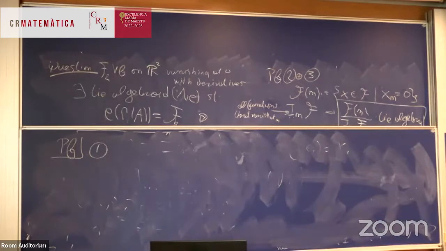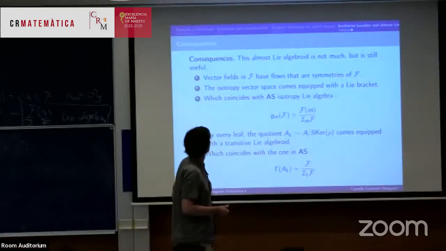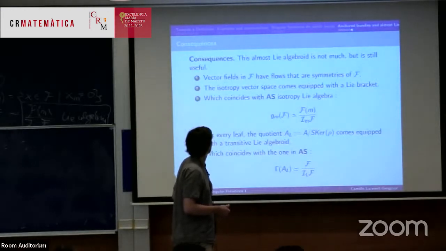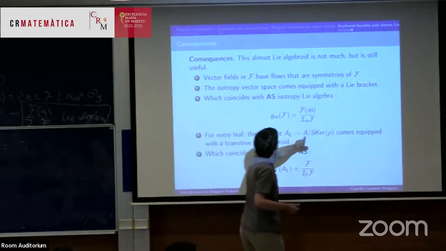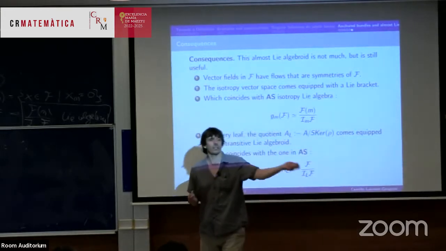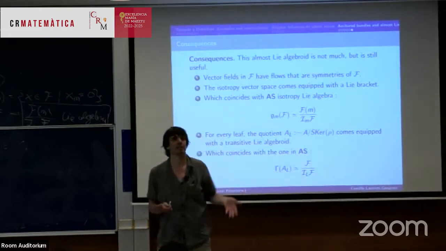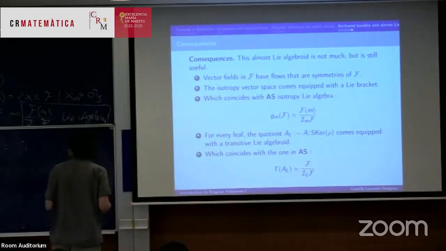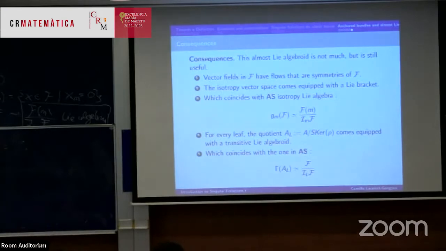I don't see the relation of the right-hand side. Oh, I just take at each point the strong kernel and I divide. Yeah, so how do we prove it?